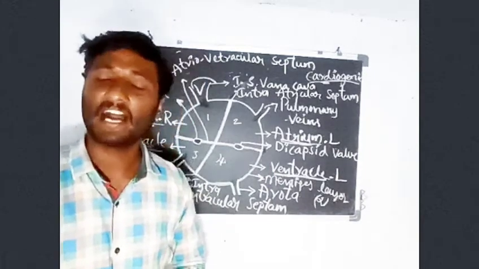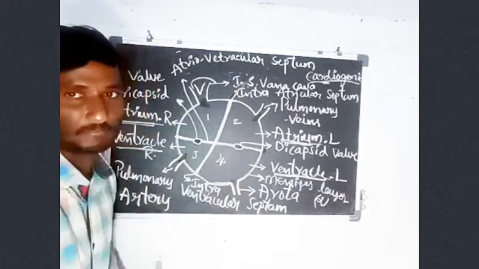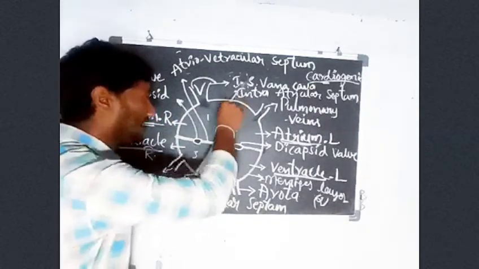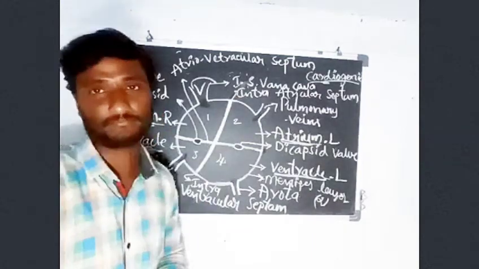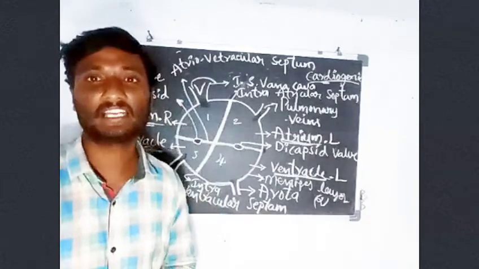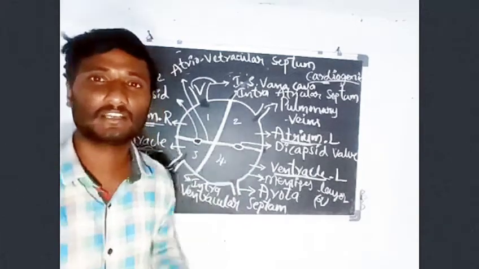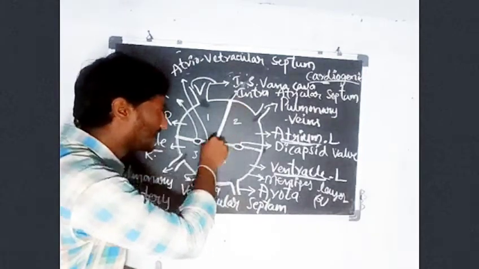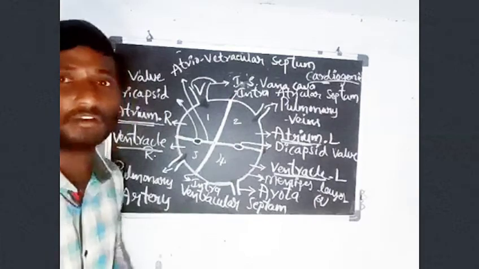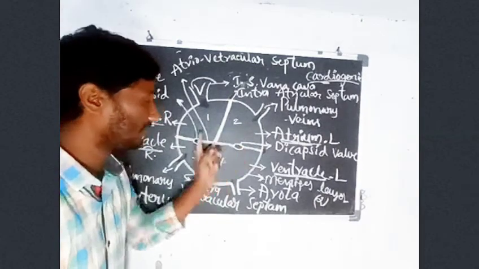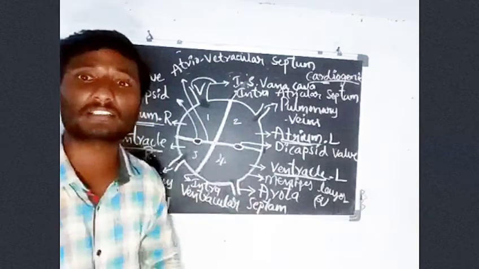Between the ventricles and between the atriums, there is hard muscle, which divides them into 2 chambers each. Look there, between this septum, between this groove, the atriums are divided into two parts.